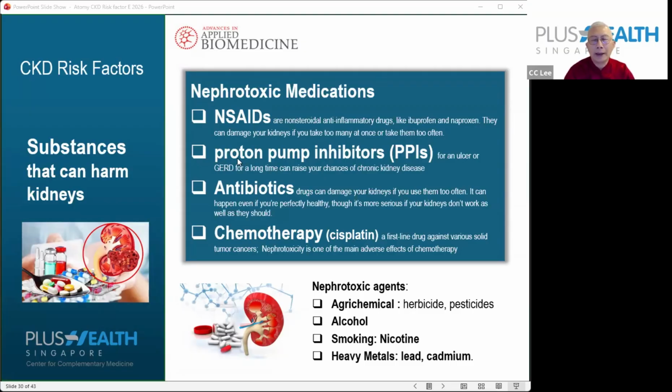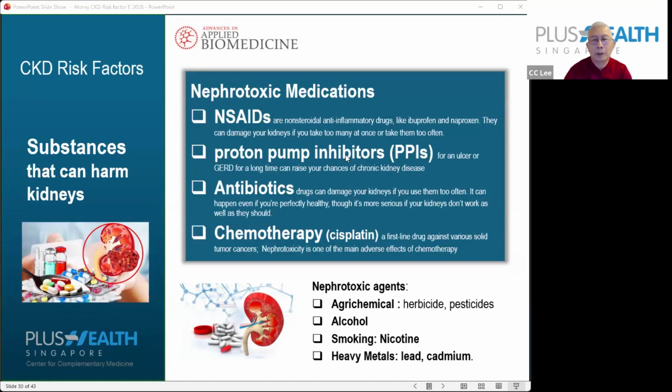Another very common medication for GERD, the gastric acid reflux disease condition, is proton pump inhibitors, PPI. This PPI medication is often required to be taken continuously over a long period. Unfortunately, PPI can also affect your kidney.